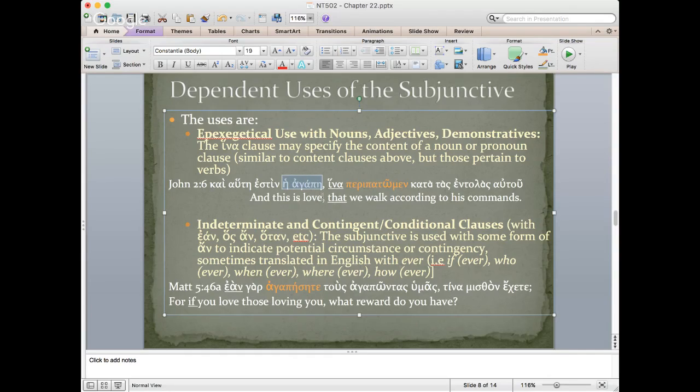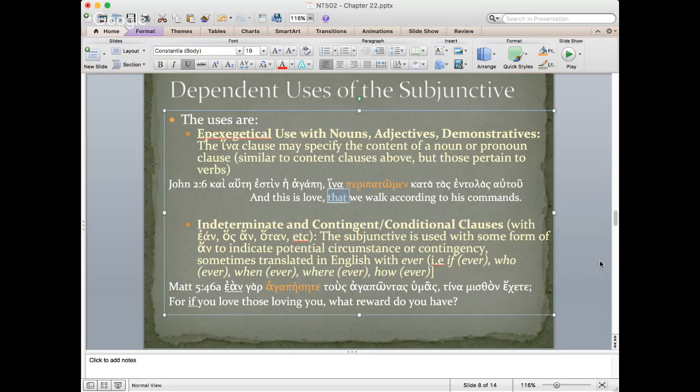And notice that it's a subordinate clause. Again, remember, this whole clause, that we walk according to his commands, does not make sense on its own, because the hina links to some other complete thought. Gotcha.